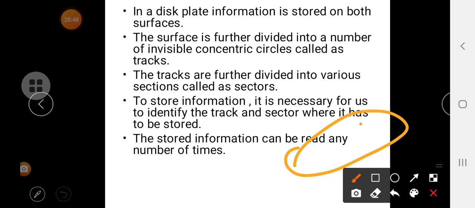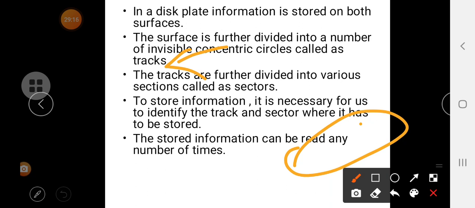It is divided into a number of concentric circles, so that is called tracks. This you have to remember for a 1 mark question. What are tracks on a hard disk? That means the surface on the magnetic material is divided into invisible concentric circles. So that is called tracks. This you can observe even in CDs.